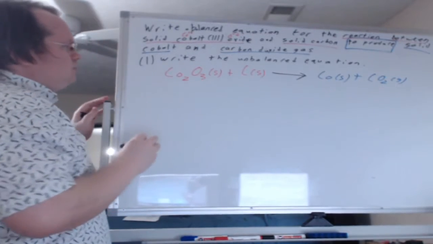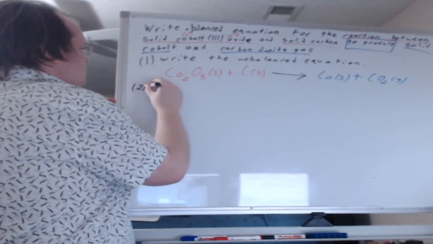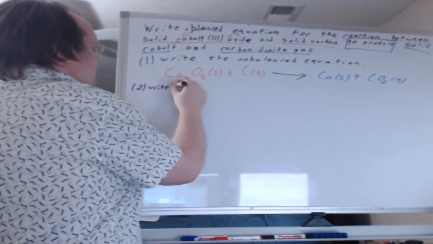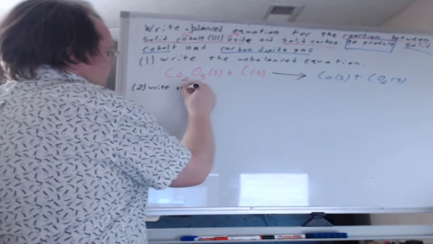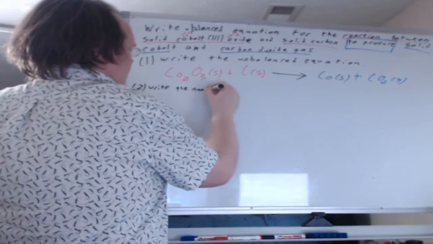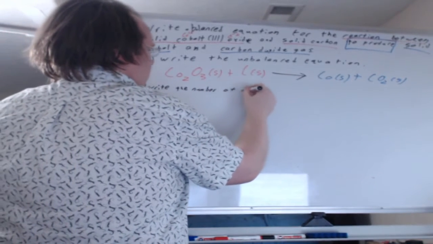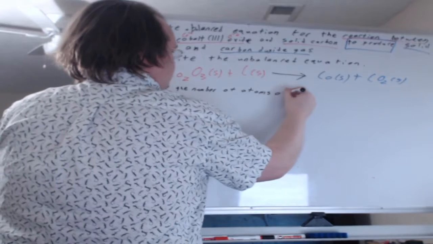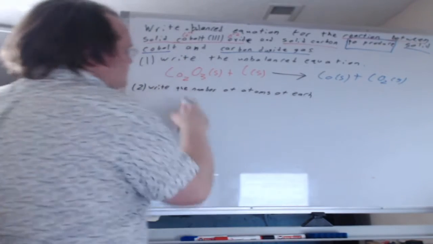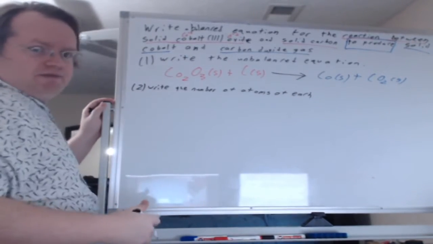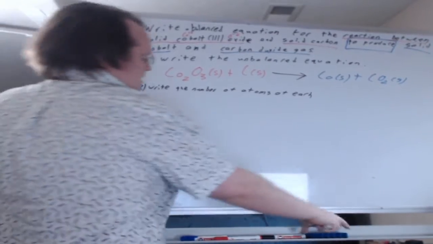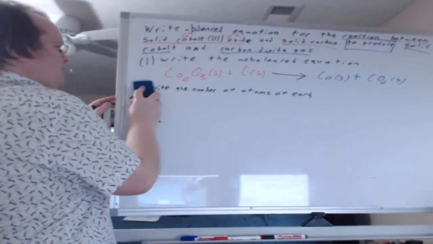So step 2 is going to be write the number of atoms of each. By of each, I mean of each particular atom, write how many you have. So once you get this step down, I'm going to go ahead and erase it because I need to write underneath these.